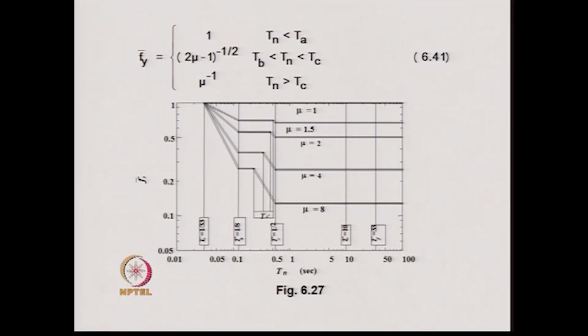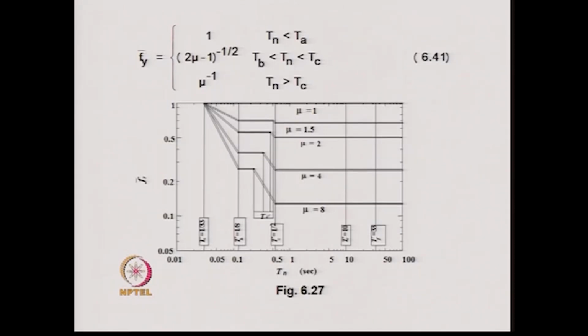The whole idea is to construct a similar kind of tripartite plot for the inelastic response spectrum by looking at the variation of the idealized f bar y with T n for specified values of mu.